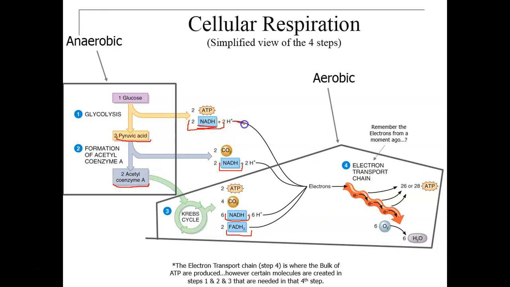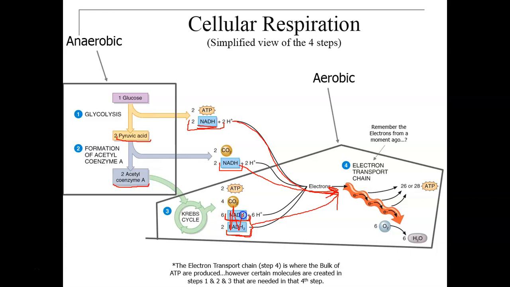That gets plugged into the electron transport chain. Exact same thing here. When pyruvic acid is converted to acetyl-CoA, that NADH gets plugged into the electron transport chain. In the Krebs cycle, that NADH and that FADH both get plugged into the electron transport chain.